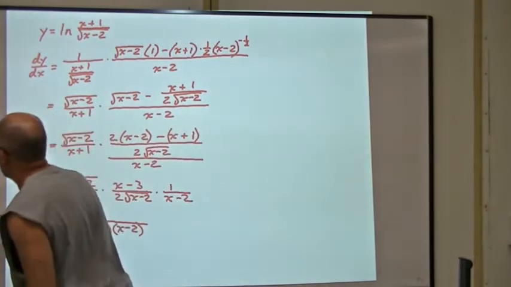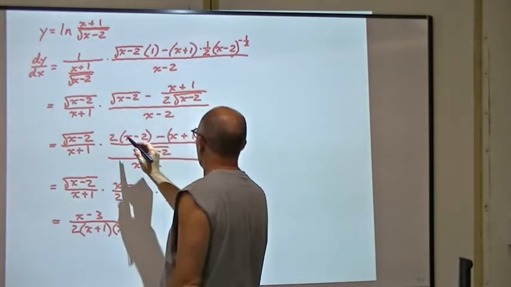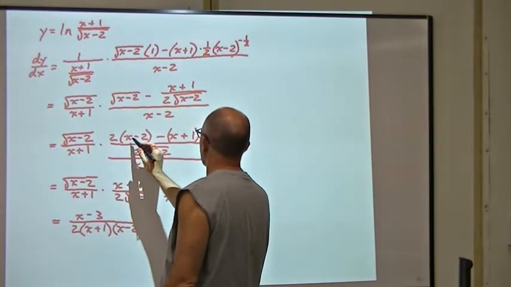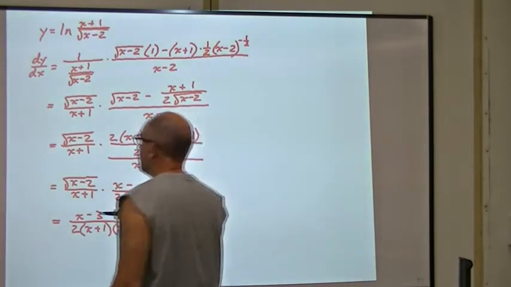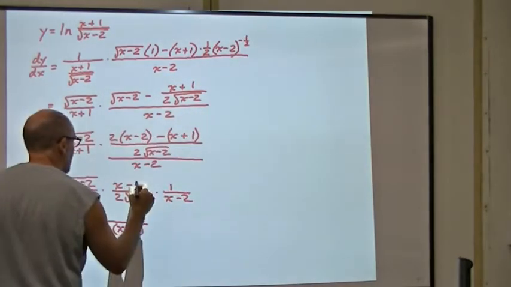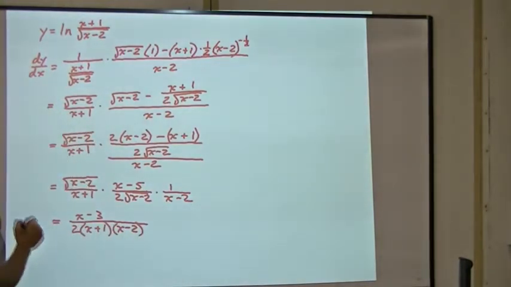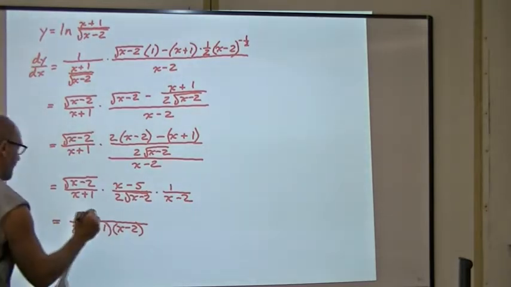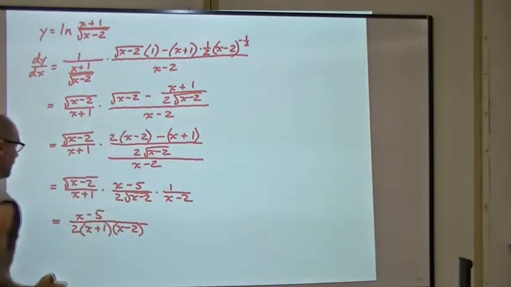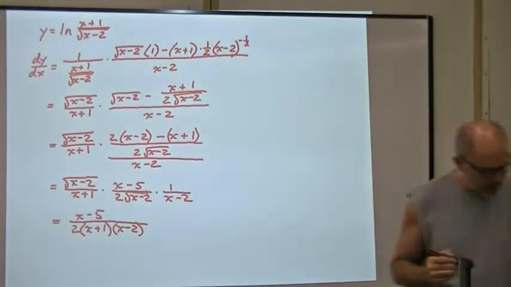Okay, so that makes this on top 2x minus x, and then we've got negative 4 minus 1 is negative 5. And then that still cancels, and I think we've got it now.